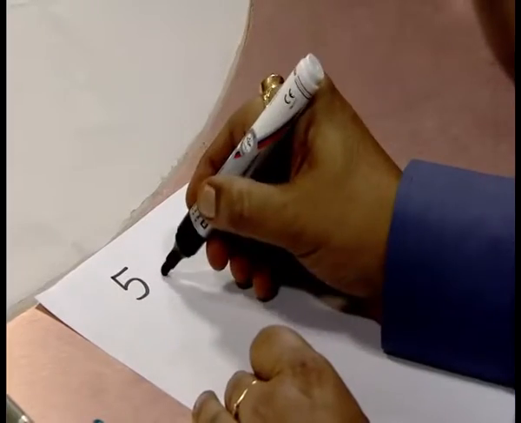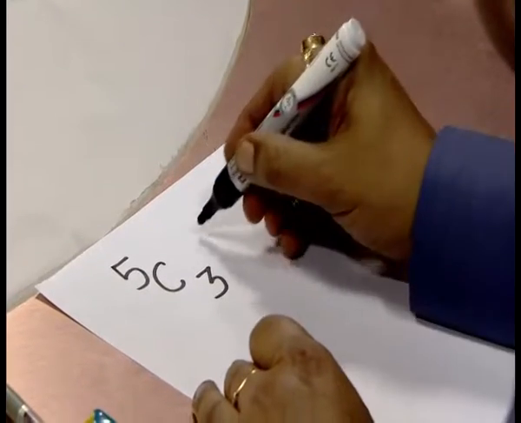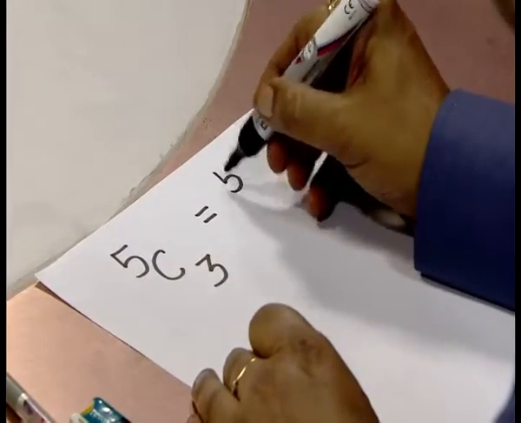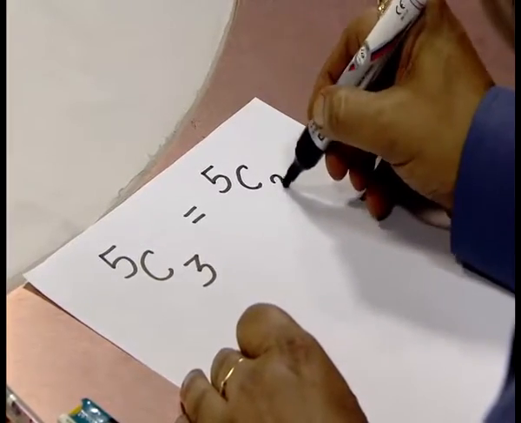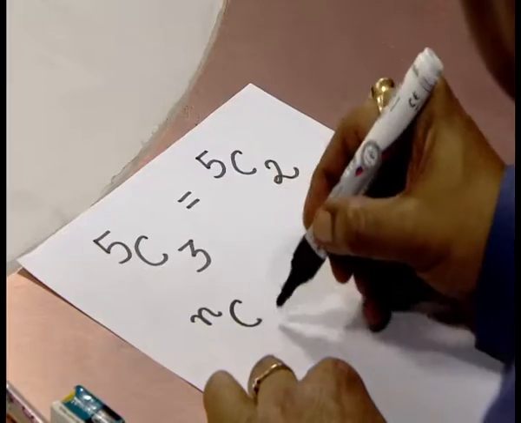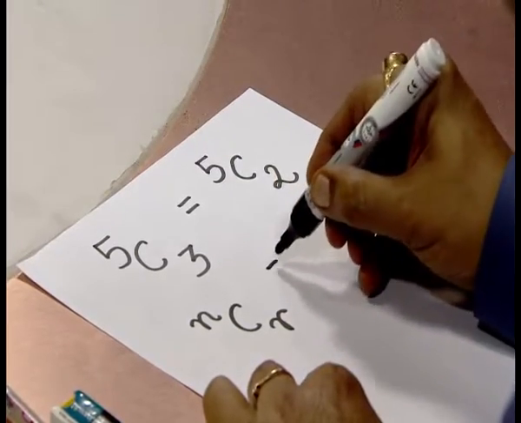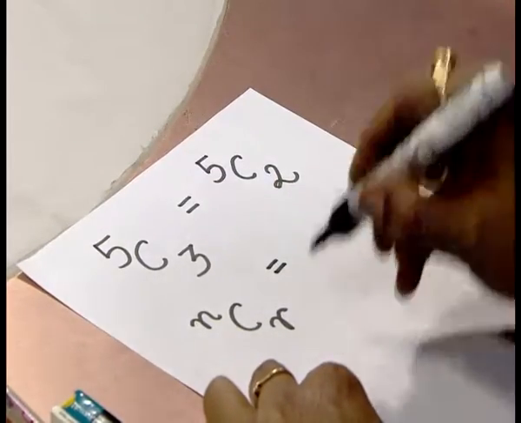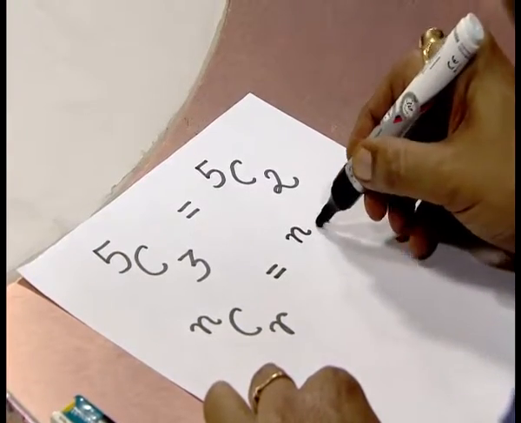So, can we not say that 5C3 is equal to 5C2, and we can generalize that by saying that nCr, of course n is greater than or equal to r, is equal to nC.